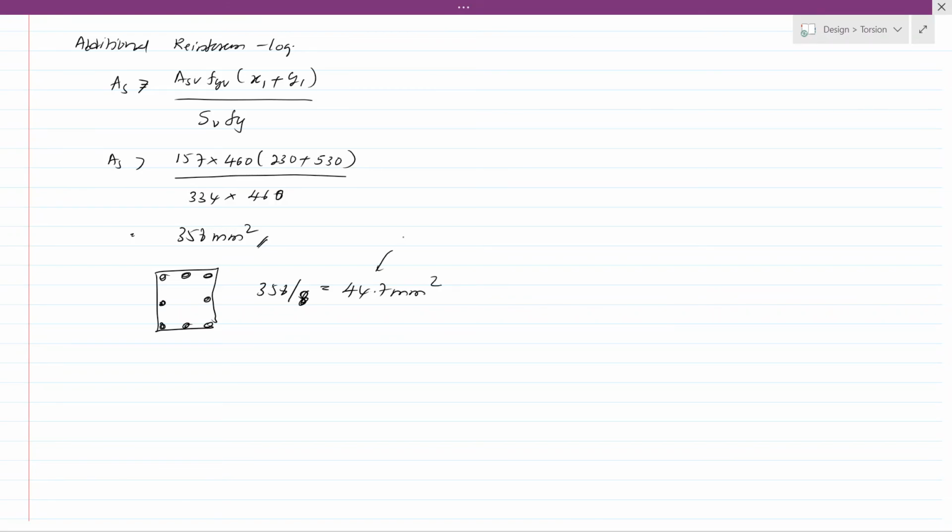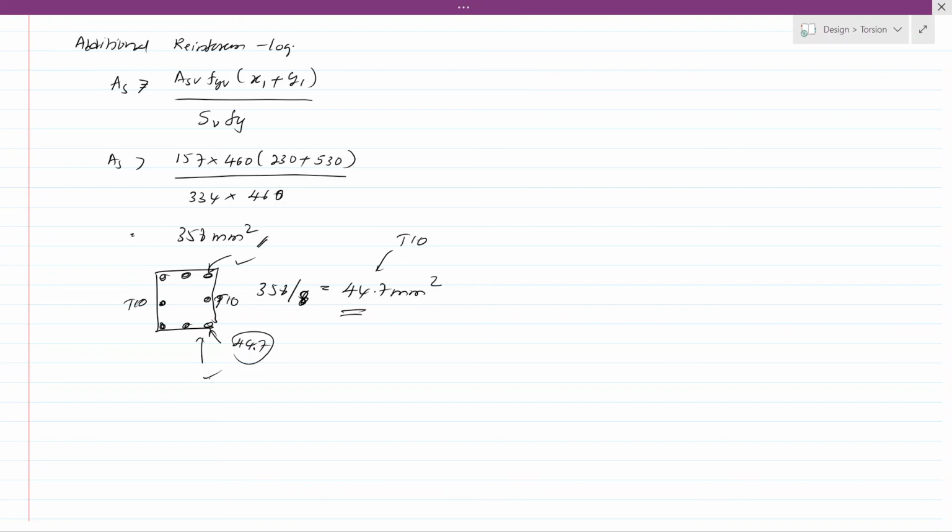So nearly it's equal to T10 bars. We can add this area for each bar, and you can decide the diameter accordingly and provide T10 bars there.